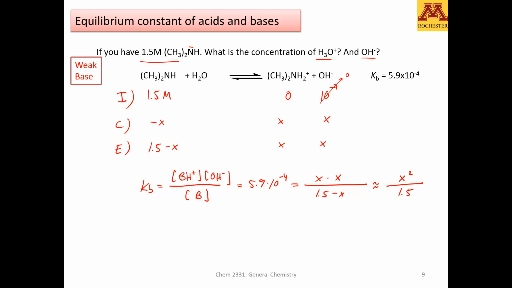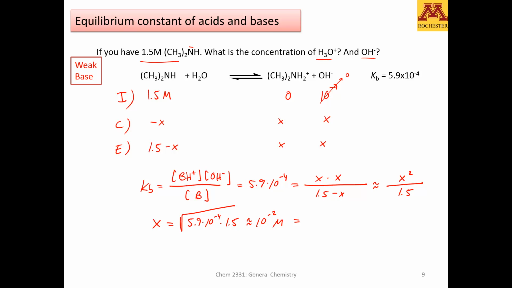So let's see, that means that x is the square root of 5.9 times 10 to the negative 4 times 1.5. Notice that the square root is going to be around 10 to the negative 2 molar, which is a fairly good approximation compared to 1.5. It will barely touch the initial concentration of the base.